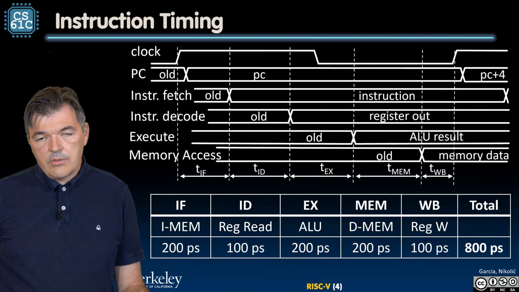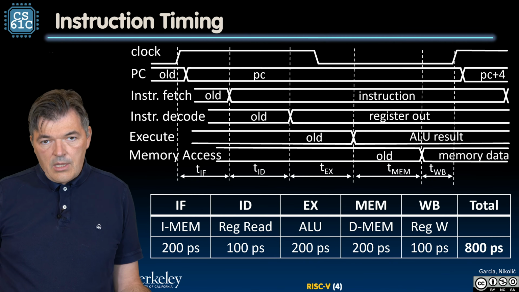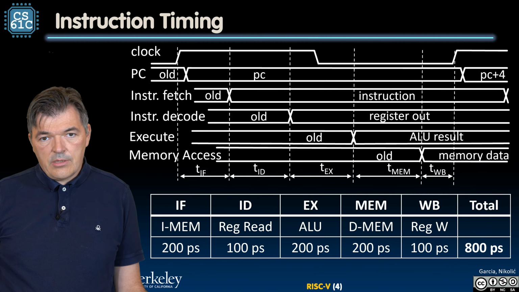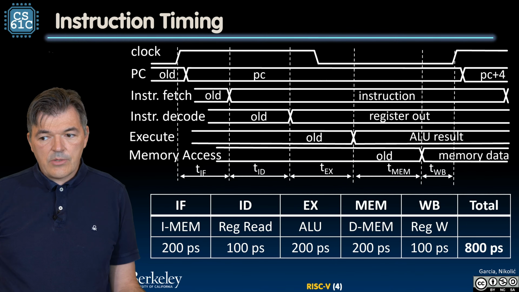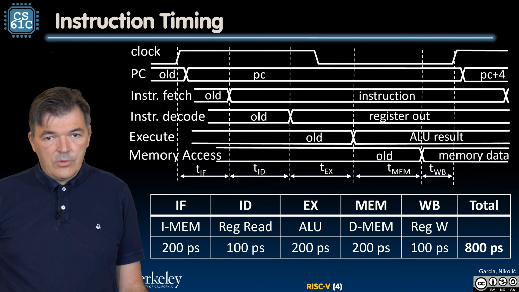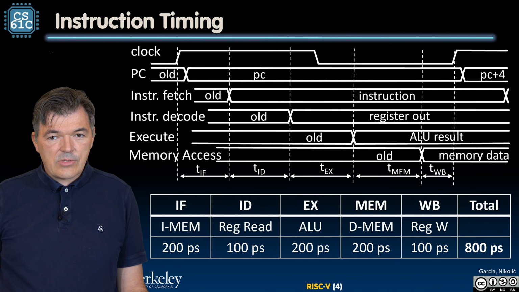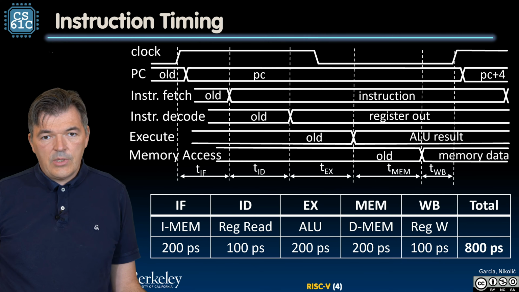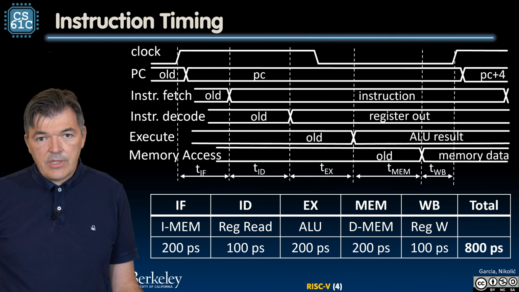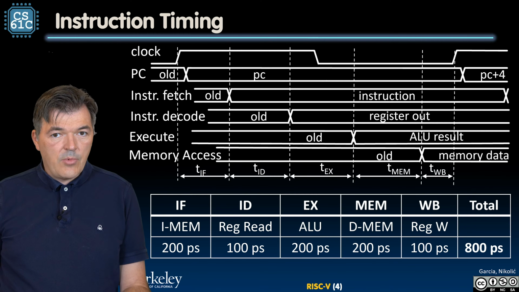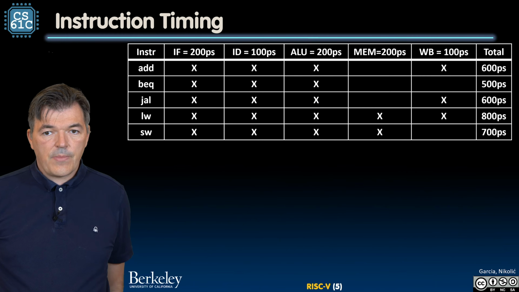Instruction decode takes about 100 picoseconds. The ALU operation, our execute phase, takes another 200 picoseconds. Memory access takes yet another 200 picoseconds, and finally write back is completed in 100 picoseconds. When you sum all of that up, the minimum cycle time was 800 picoseconds.